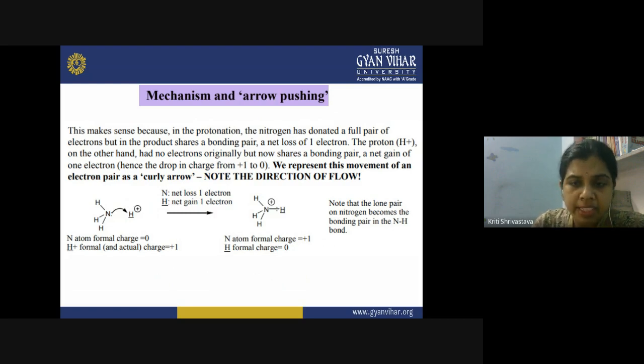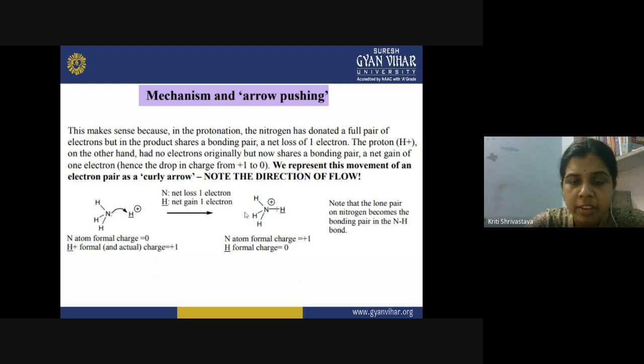So we represent this movement of an electron pair as a curly arrow, and you should note the direction of the flow. So from this curly arrow, what I am representing is, the nitrogen atom formal charge was initially 0, and H plus actual charge was plus 1. Now from this arrow movement, I am showing that nitrogen is having a net loss of 1 electron, and hydrogen is having a net gain of 1 electron.